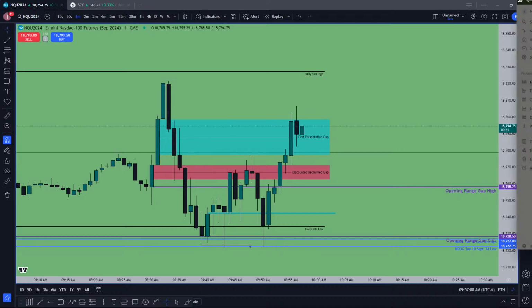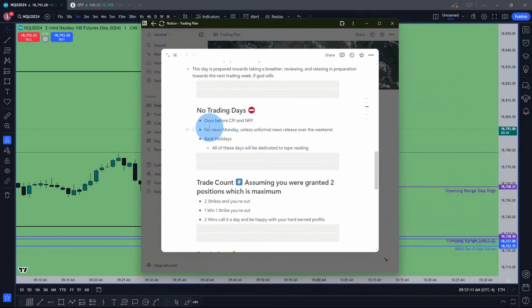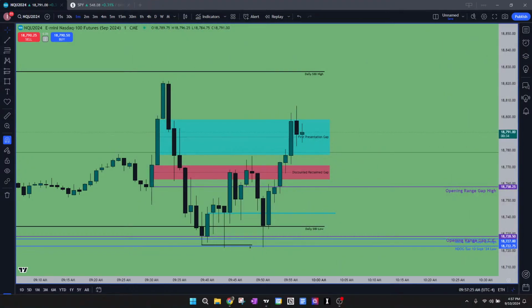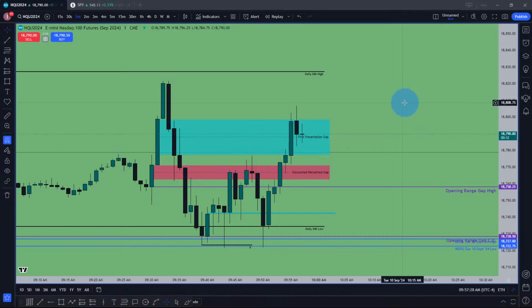So here, I'll put it over here. Today is just strict tape reading. I'm comfortable with sitting still, and I'm just going to be watching what price does. That's why I live stream. I don't usually live stream whenever I live trade. Whenever I live trade, I like to keep my things personal, and I like to do it on my own.